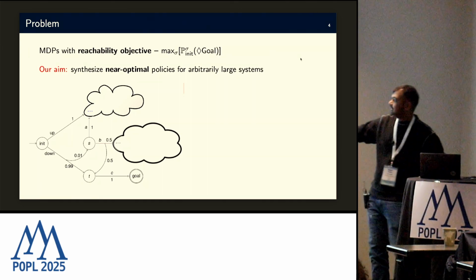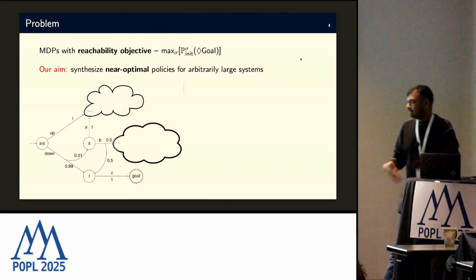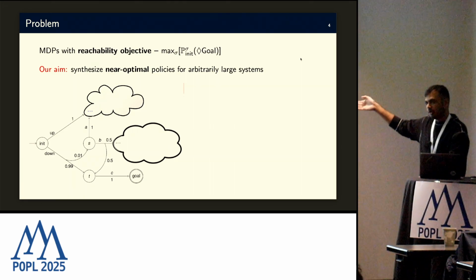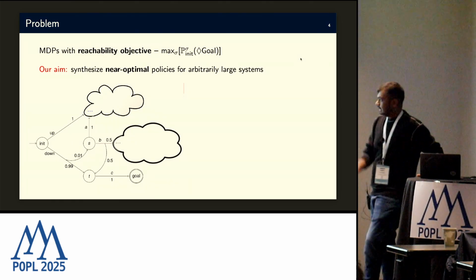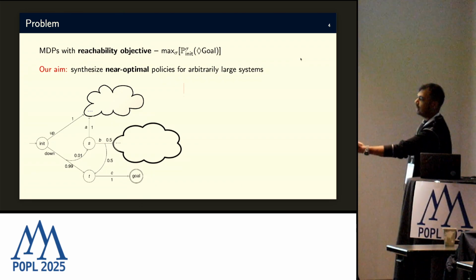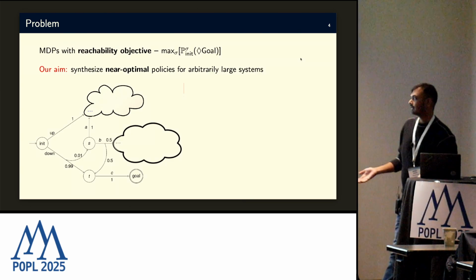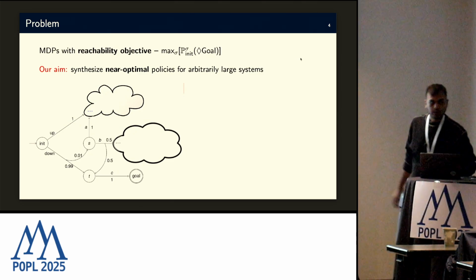Right? If you ask this question that, okay, I'm fine with a near optimal policy, and I want to optimize the probability of reaching the goal state, then taking down and then taking C would be good enough for you, and you don't really need to analyze the whole billions of states in the cloud.